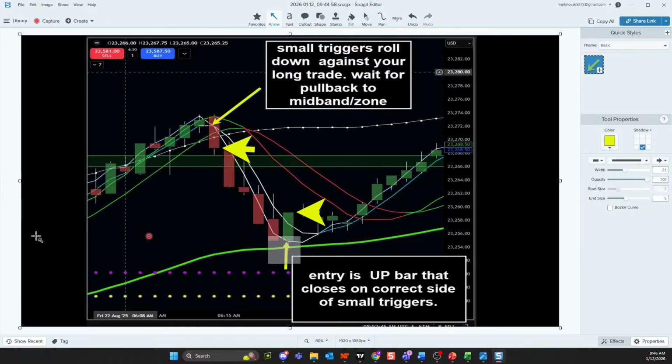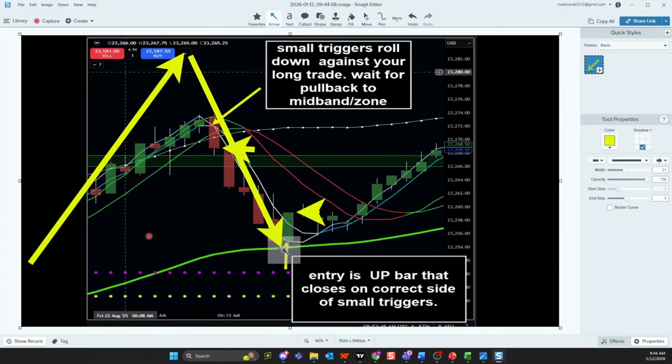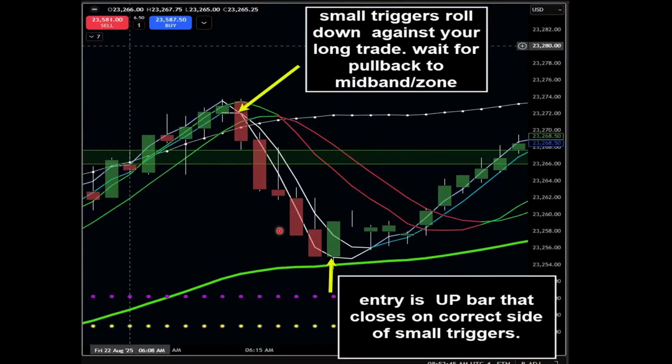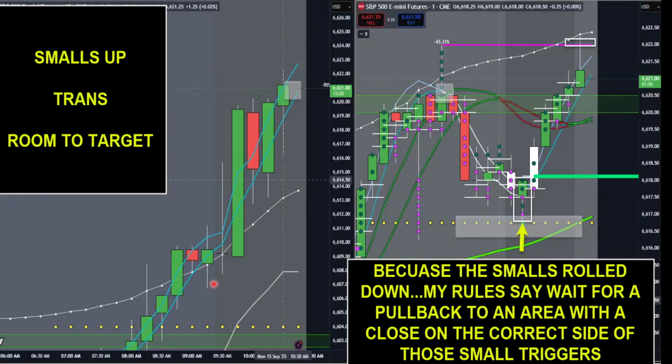So if the market is trending up, here's your fight to the area, and that little close above puts us back in line with the underlying trend. It's literally the reversal on the 1 minute chart. It comes from the weak side of triggers. So your trend trade, just like on NinjaTrader, will look the same every time.